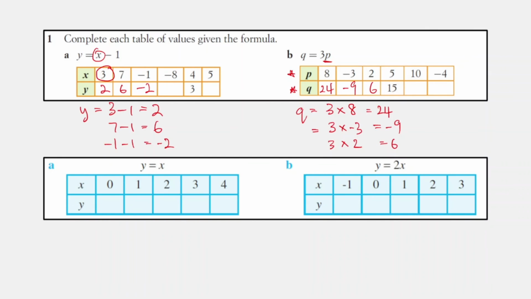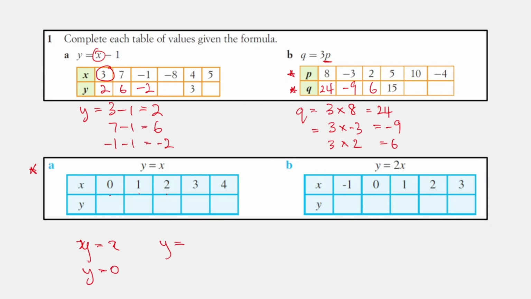Now for this lot of questions, we can see that the numbers go in a row. So 0, 1, 2, 3, 4, negative 1, 0, 1, 2, 3. Then we can use the patterns. The first one's really easy because y equals x. So if x equals 0, y would equal 0.